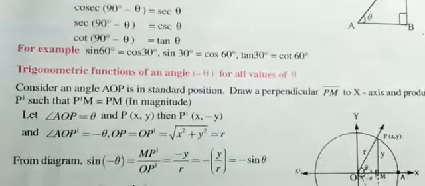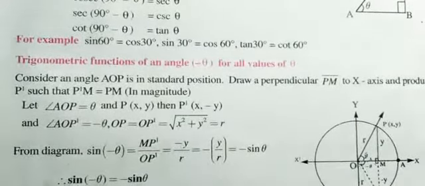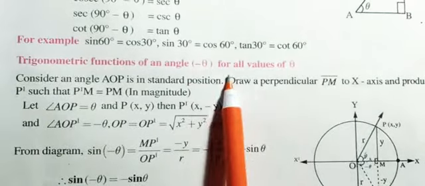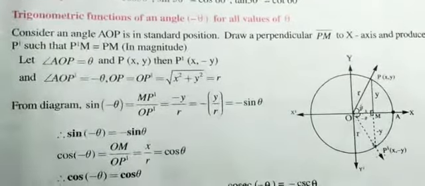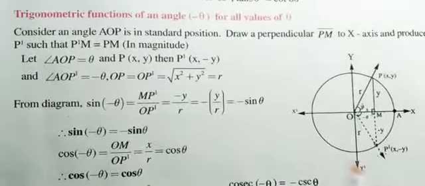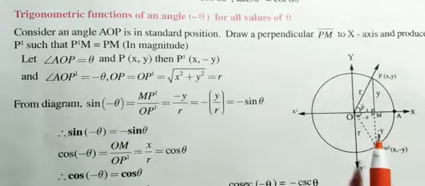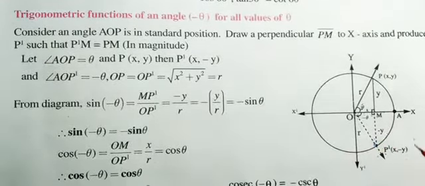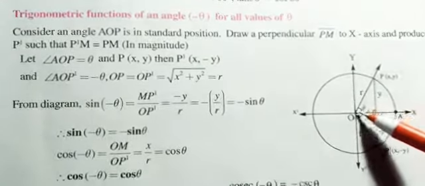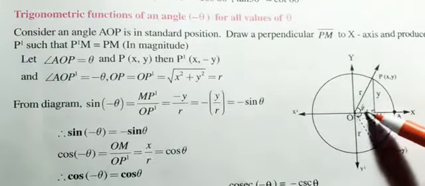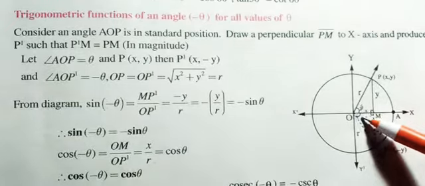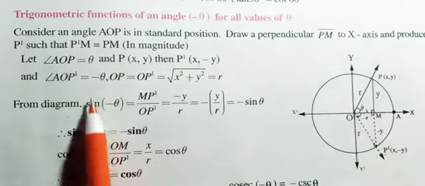Now, trigonometric functions of the angle minus theta for all values of theta. Here, this picture we have to remember clearly. Suppose we are taking this as theta, obviously this is minus theta.